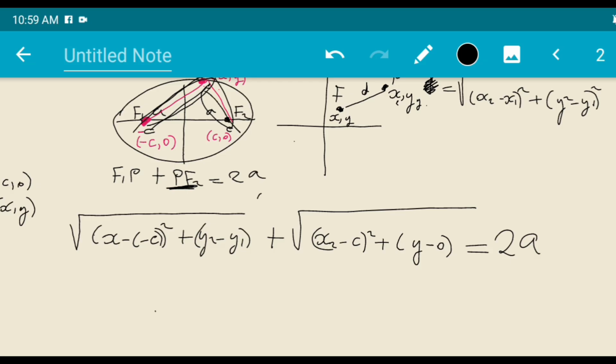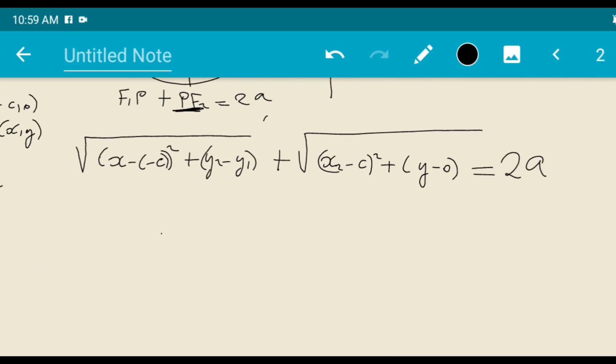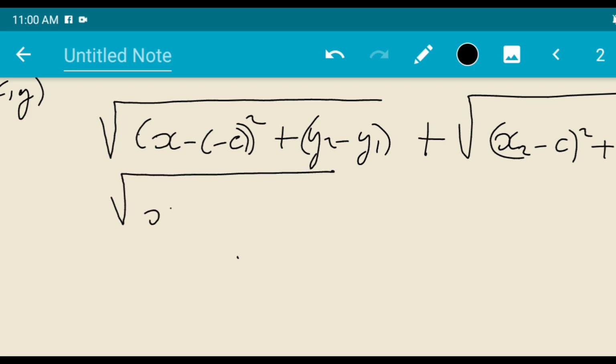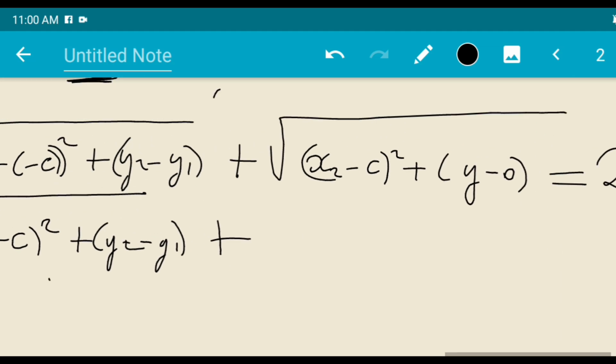Okay, so let's simplify. Let's start by taking this here to the other side, or rather adding both sides. I believe you know what that means, but let's just make it simple by saying we throw it to the other side. So let's first simplify this here. This will be x plus c, because negative times negative is positive, plus y2 minus y1, plus, let's simplify this.